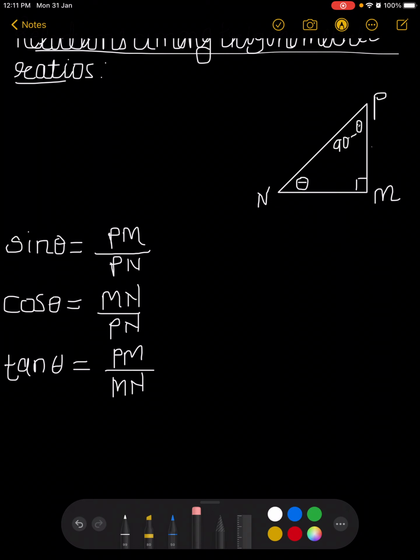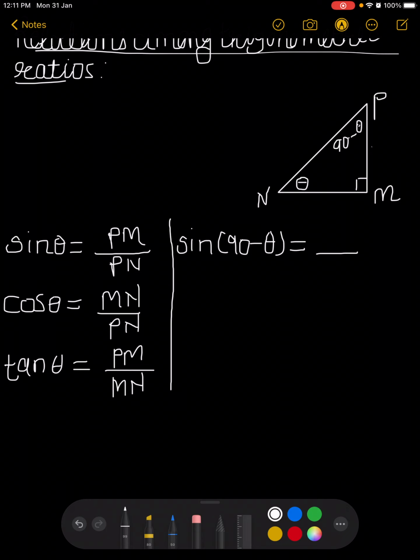After completing ratios sine, cos and tan for theta measure, now let us find out three more ratios for a different measure like 90 minus theta. So this time let me calculate the ratio sine 90 minus theta. Definition will not change, angle measure may change.